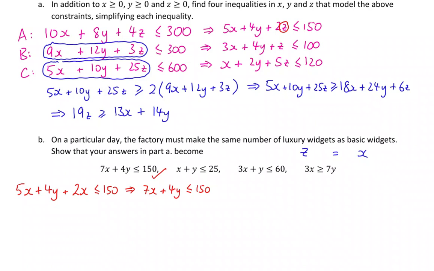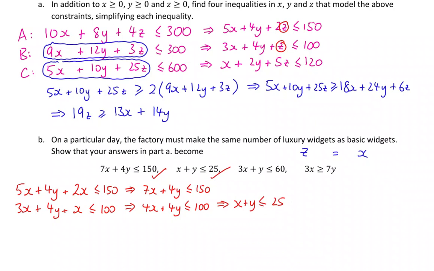So now I go to my second inequality, and I'm going to replace the z with x. So 3x plus 4y plus x is less than or equal to 100. So I've got 4x plus 4y is less than or equal to 100. Divide through by 4, and we get x plus y is less than or equal to 25, which is the second inequality. Right, looking good so far.